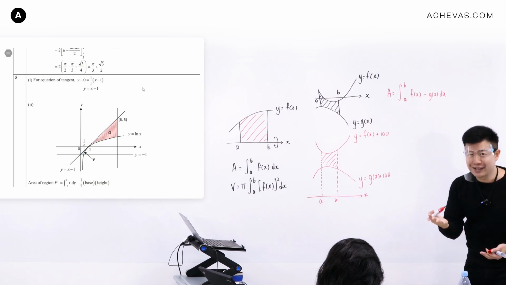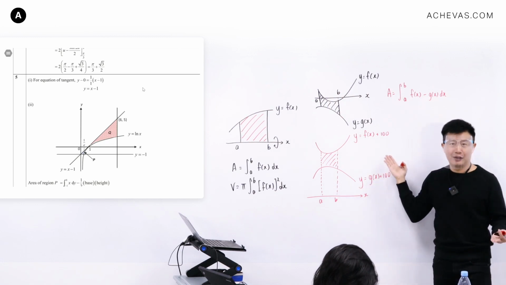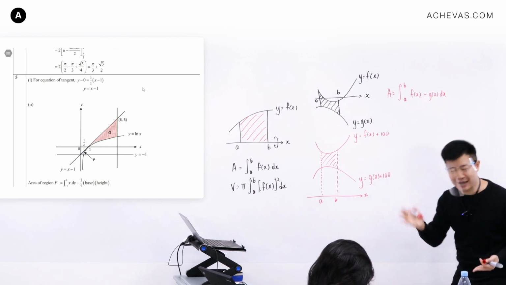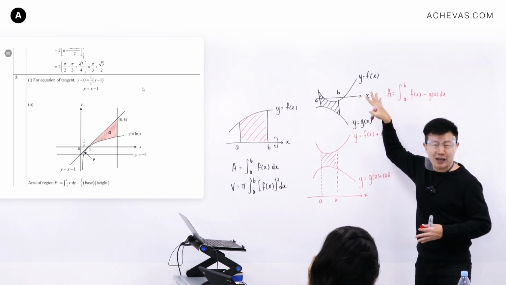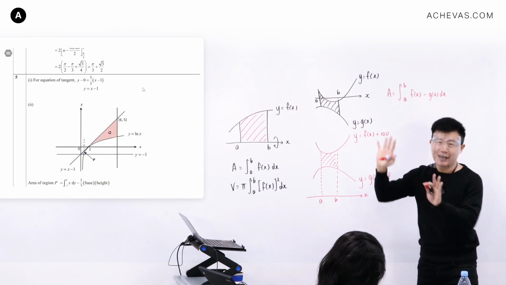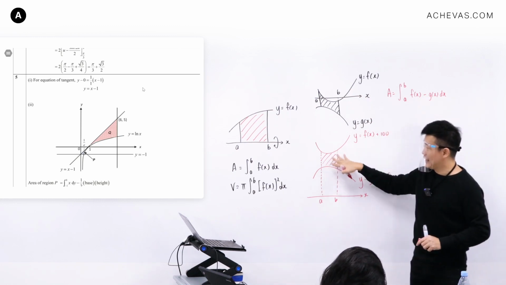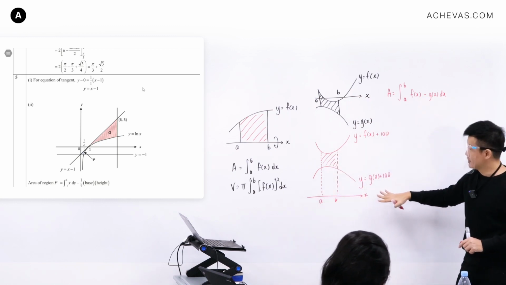And just in case you feel that, what if 100 is not enough? There must be a numerical number that is going to be enough so that we can shift these two curves high up above the x-axis such that the area is cleared from the x-axis.